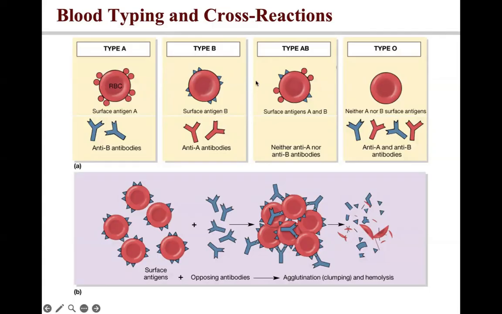This is the reason it decides which blood a person can receive and which blood a person can donate. Remember, there are many circumstances. It can be a disease, it can be an accident where blood transfusion is required.